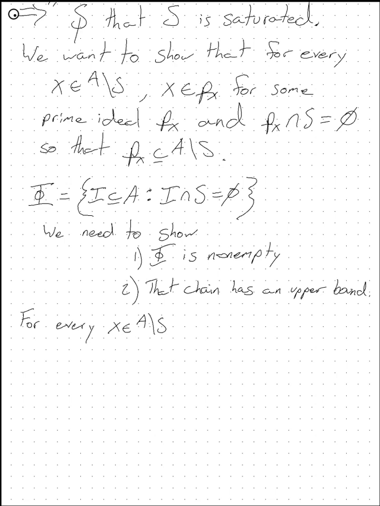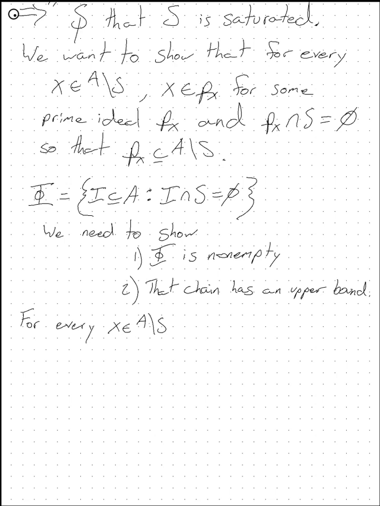Let's go ahead and assume that S is a proper subset of A, because otherwise this argument is trivial. The complement of S would be empty, and the empty set is the empty union of the empty ideal. I don't know if that argument holds water. But anyways, let's go ahead and assume S is a proper multiplicative subset of A.